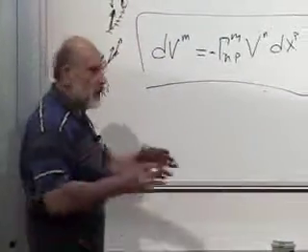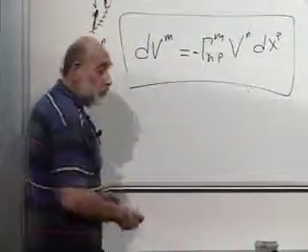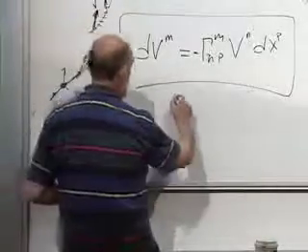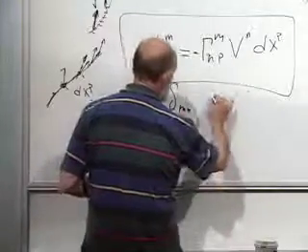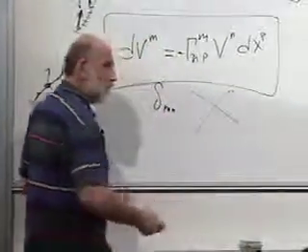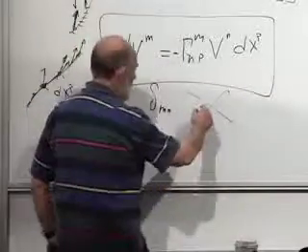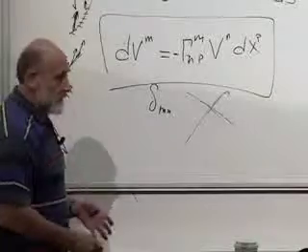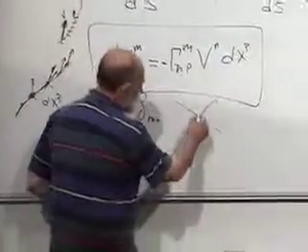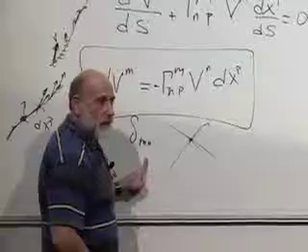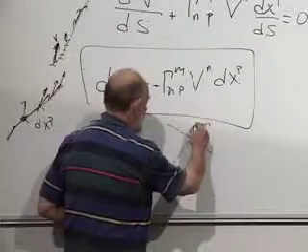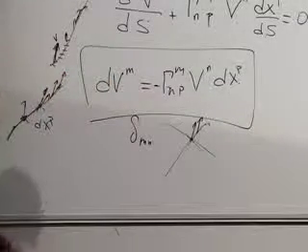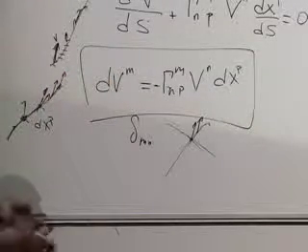As we said, we can always find coordinates at a point in which the metric is delta mn. That means that the coordinate axes locally at that point are perpendicular to each other, and in fact, they're as straight as possible. Parallel transport from one point to another point in the vicinity of this point where we've made the metric look like this is just keeping the components of the vector fixed, transporting it as if space was flat.